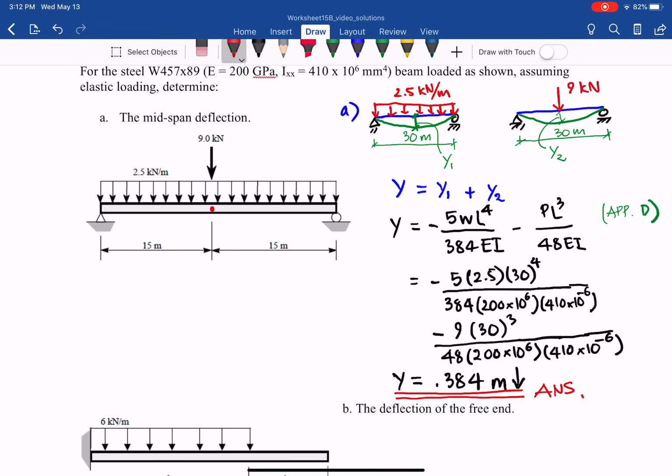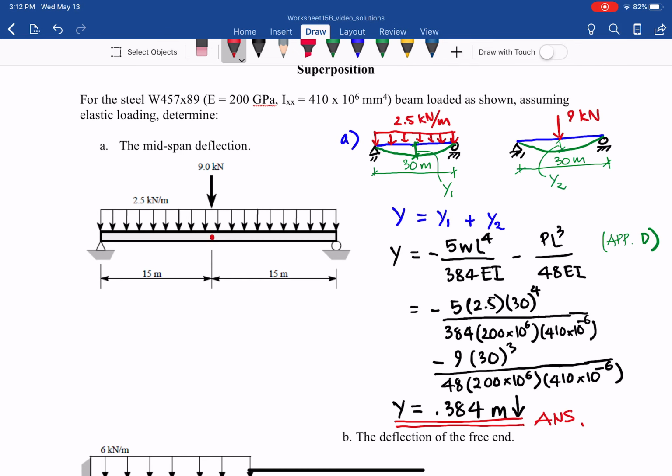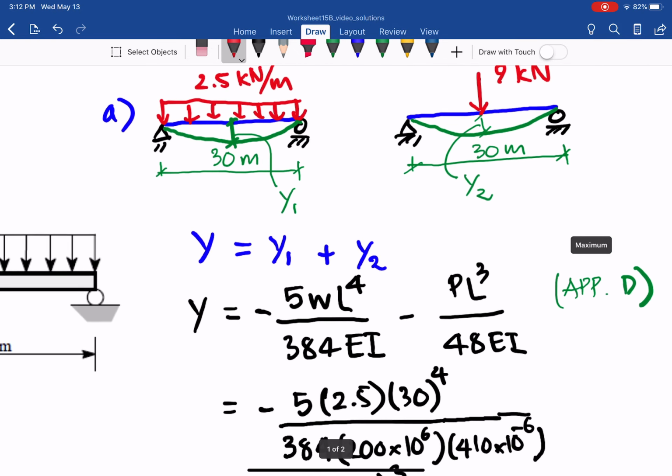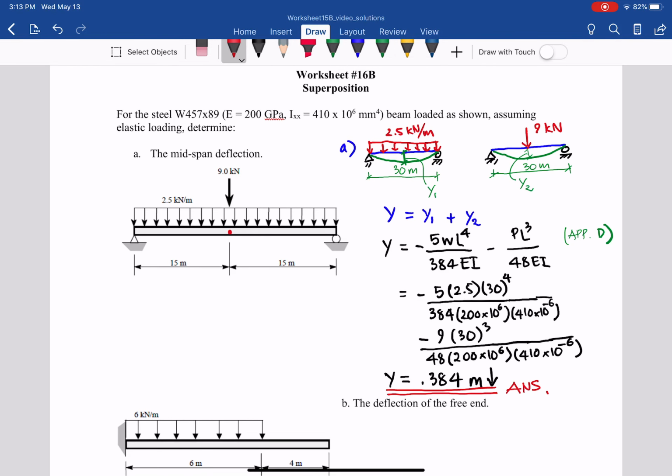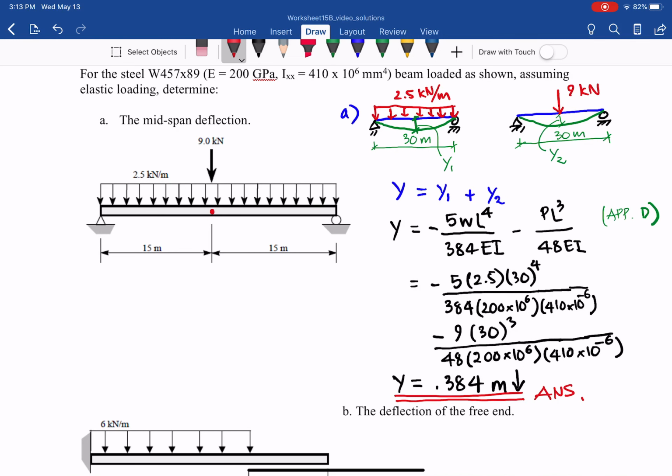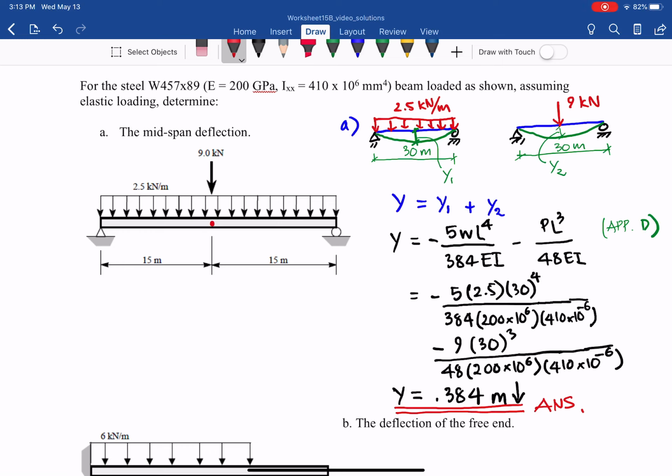And P, 9 kilonewton, is also going down, but they already built the negative into that deflection equation, so you don't have to add another negative that would make it positive. The deflection would go up, which does not make sense, because the total deflection will be something like that.